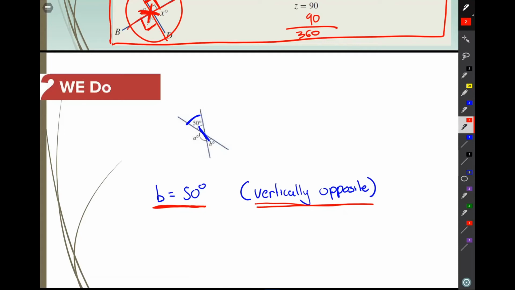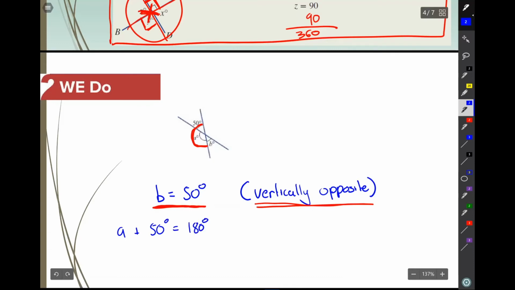Okay, now we have a few options here in working out A. I think the easiest way to do it is to recognize that this is a straight line. So therefore, A and 50 degrees are supplementary angles. We talked about those in our last video. So we can write this down. A plus 50 degrees equals 180 degrees.